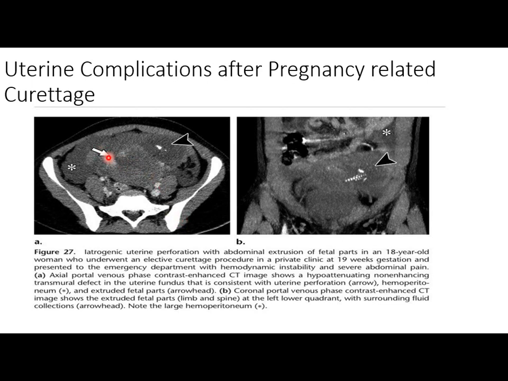There is perforation after the patient underwent elective termination of pregnancy at 19 weeks gestation, with extrusion of fetal parts outside the uterus. Look, the spine and lower limb of the fetus are extruded outside the uterus. In others it's somewhat difficult because the perforations are very small.